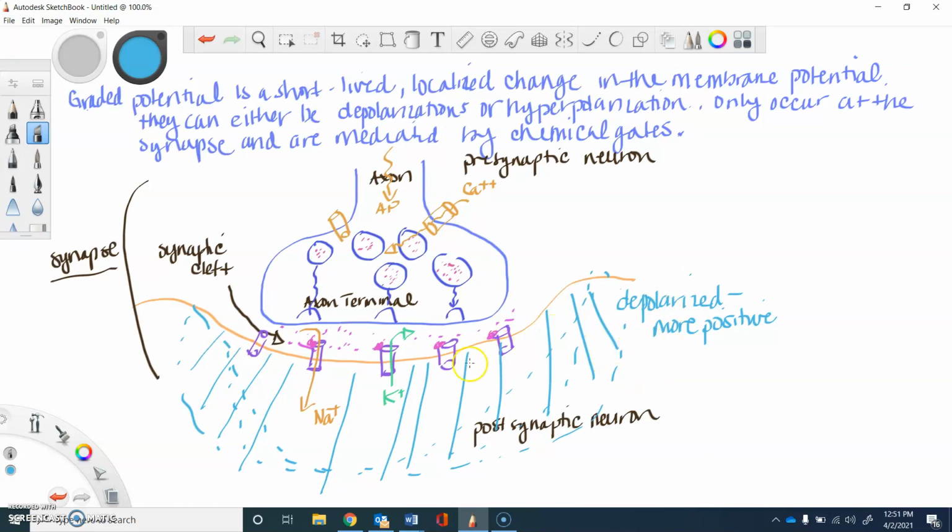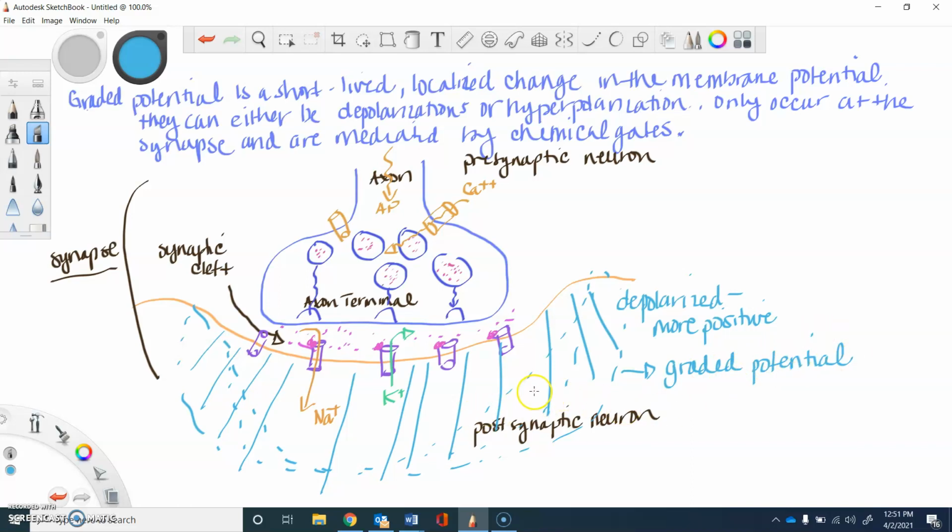Graded potentials are, again, variable, so they vary in strength. So we don't know what this number is. We just know that it's higher than -70 here. Okay? So that is what we call a graded potential. So this depolarization is a graded potential.